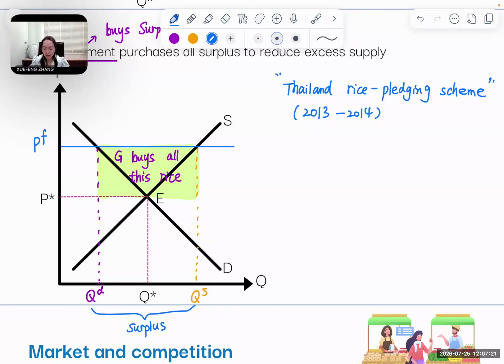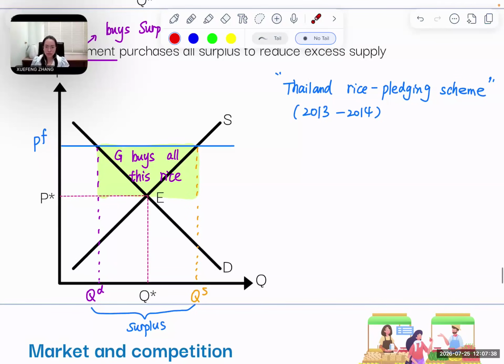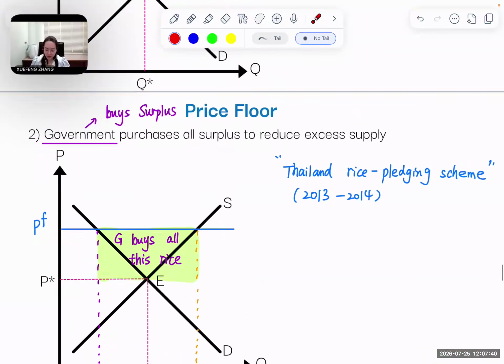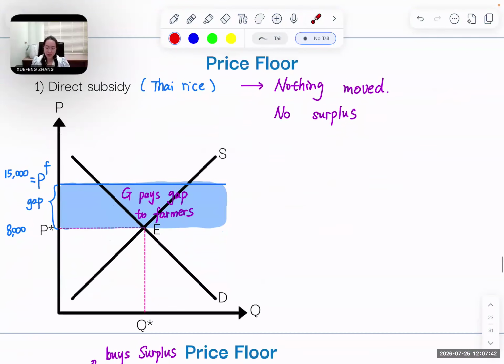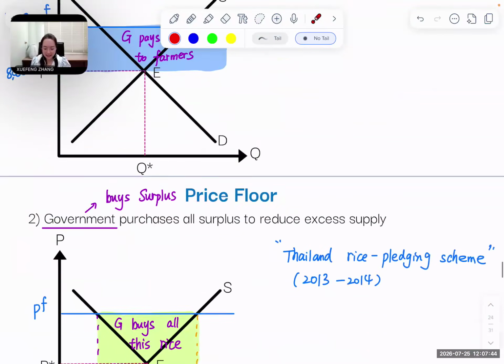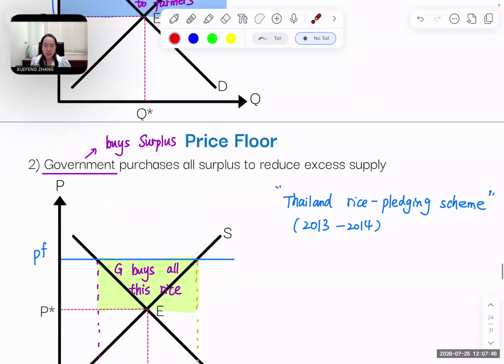So this policy was a kind of disaster, making Thailand lose over 500 billion baht. So let me summarize the difference between the direct subsidy and government buying the surplus.